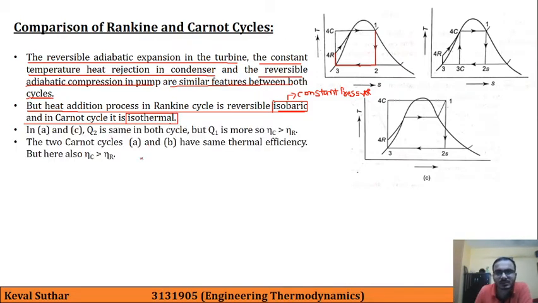Now let's first focus on figures A and C.